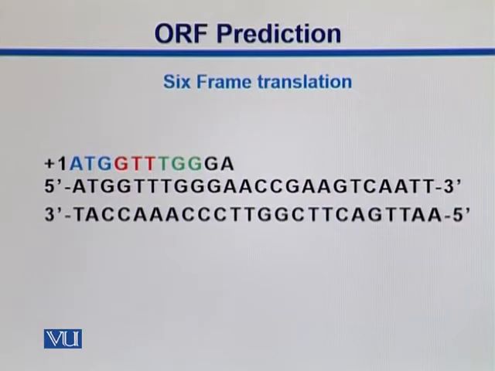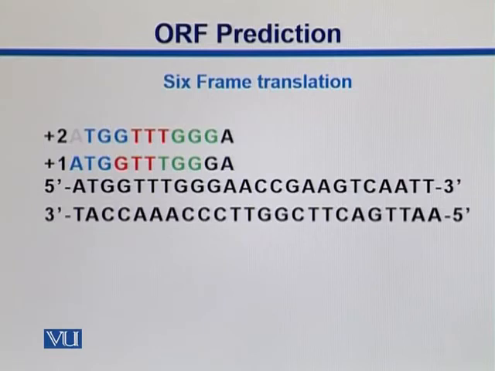We can start with position number 1 on the first strand. We label it as +1. In this way we start with A, and we can have triplet codons like ATG, GTT, GGG, and so on. The second possibility is that we can start from position number 2. In this case, we give it the number +2.